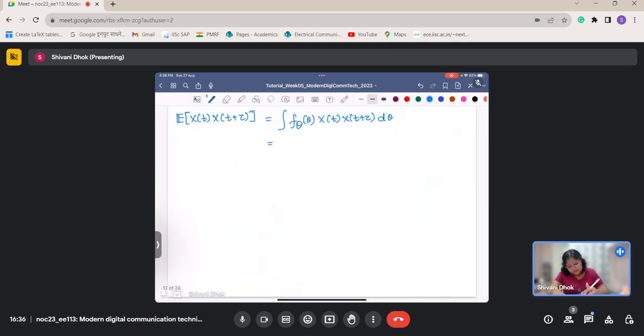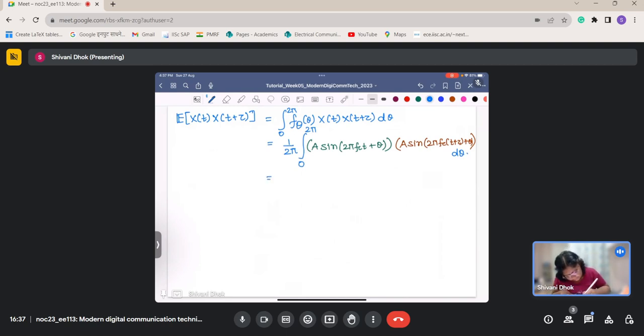So this integral here, I can just take from 0 to 2 pi. For all other values it will be 0. For 0 to 2 pi, this f of theta theta is simply 1 upon 2 pi, which is constant, so I can take it outside. From 0 to 2 pi, this x of t is a sine of 2 pi fc t plus theta, and this x of t plus tau is a sine of 2 pi fc t plus tau plus theta d theta.